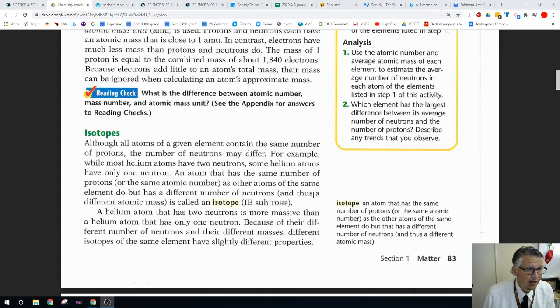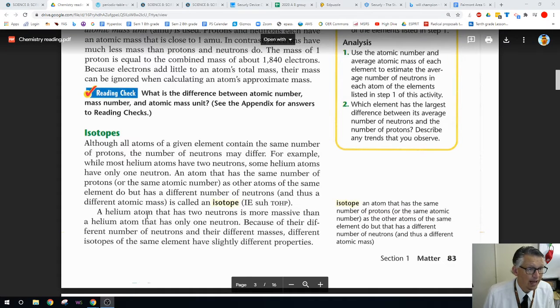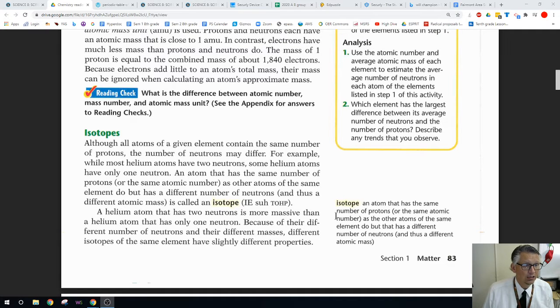A helium atom that has 2 neutrons is more massive than a helium atom that only has 1 neutron. Because of their different numbers of neutrons and their different masses, different isotopes of the same element have slightly different properties.